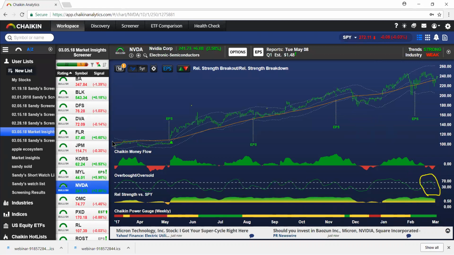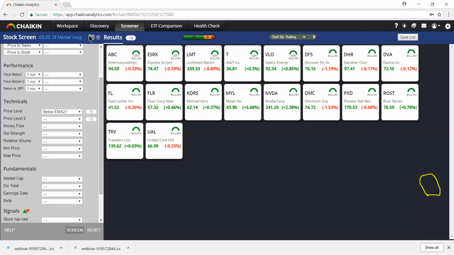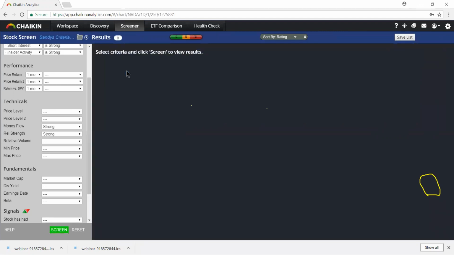Okay, so how else do I get my stock ideas other than through Mark's Market Insights? Well, I do my own screener. Let's go back to the screener. Go back into my saved lists. So into load screen. Here's my criteria for a bullish stock.